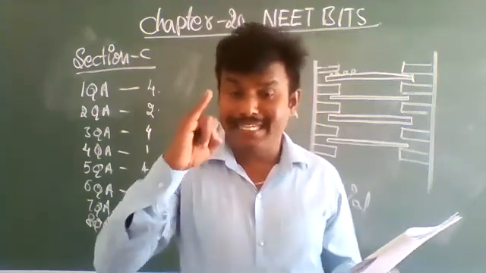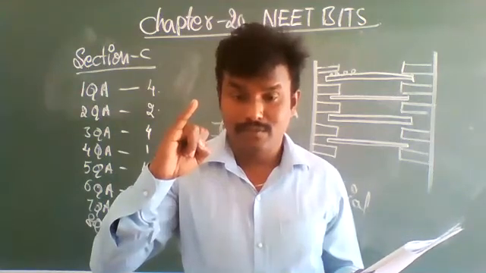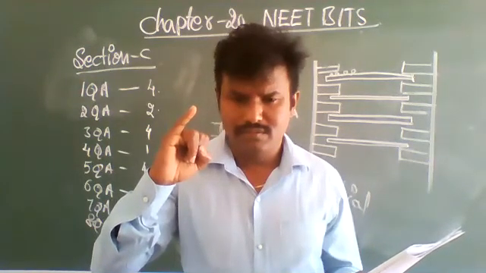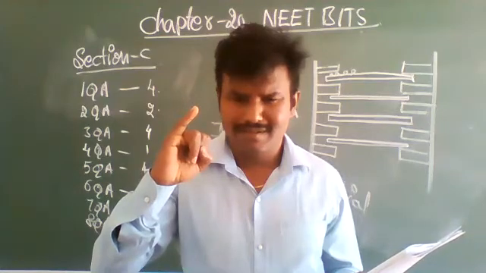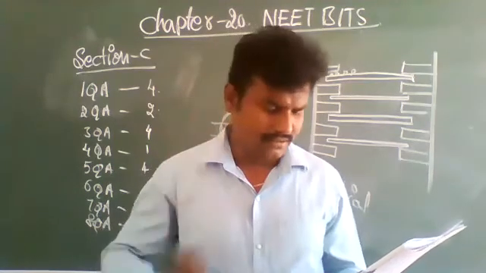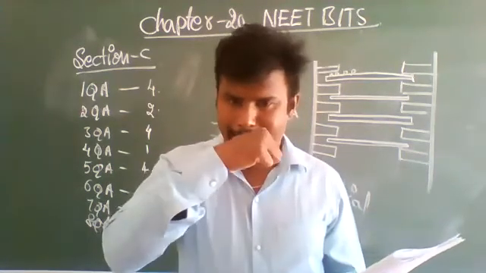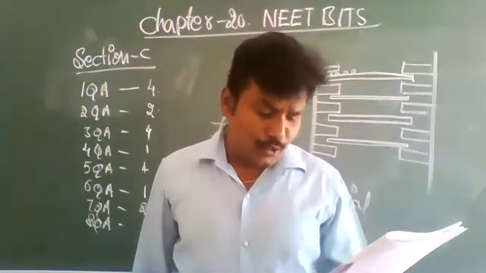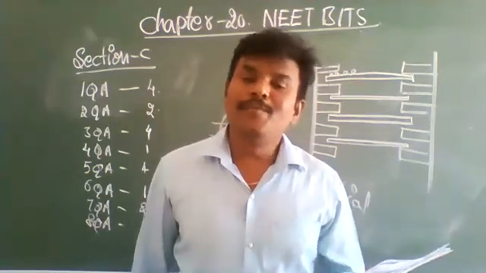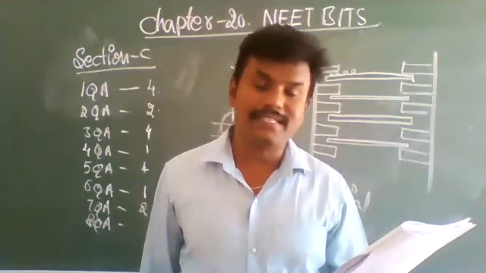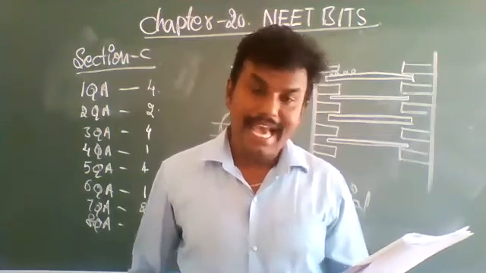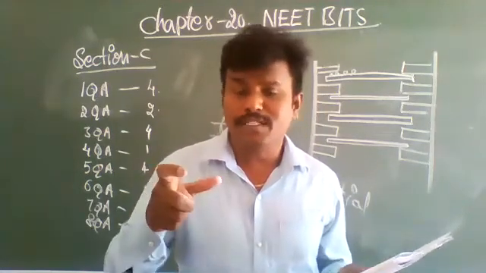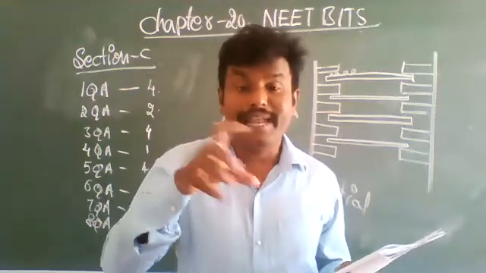As a result of accumulation of uric acid crystals in joints, what happens? The joints get inflammation. Inflammation means pain with swelling at the joints.